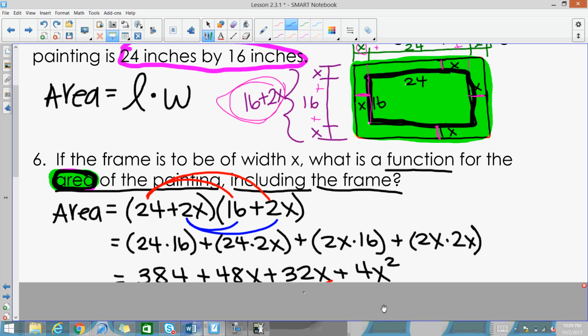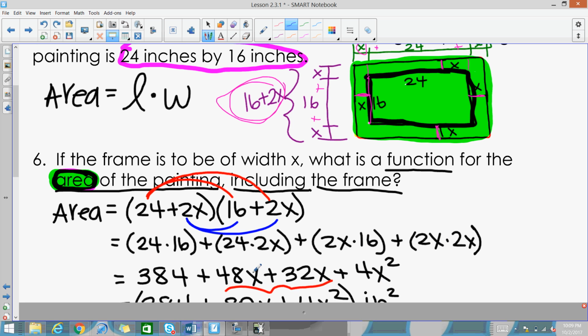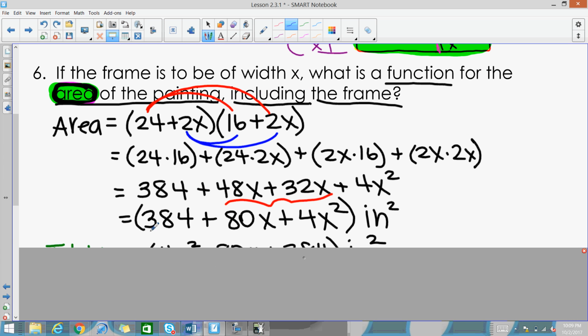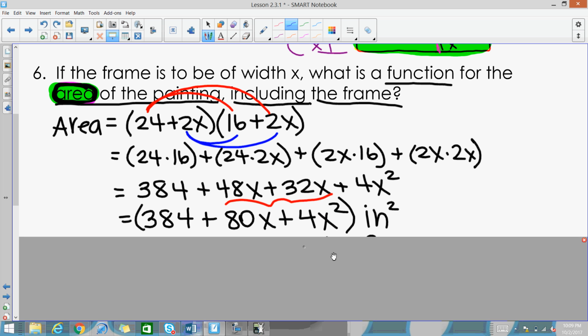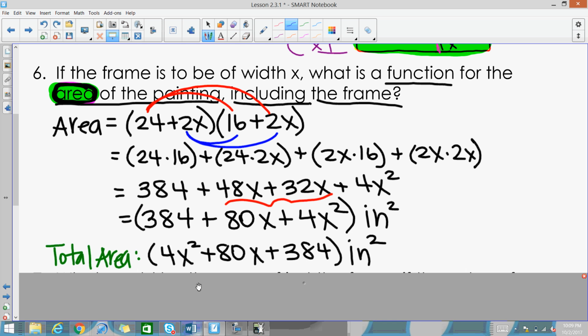And you're going to simplify this to get 384 plus 48x plus 32x plus 4x squared. Now, this 48x and 32x can combine, they're like terms, and you get 384 plus 80x plus 4x squared inches squared. Pretty cool, right? So now, that's your total area. Boom. Now, notice how I flipped it.